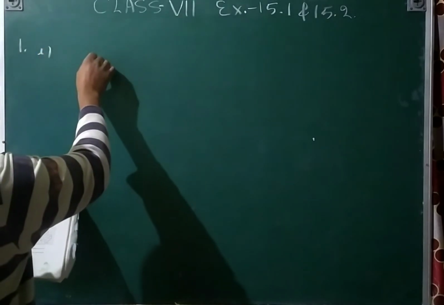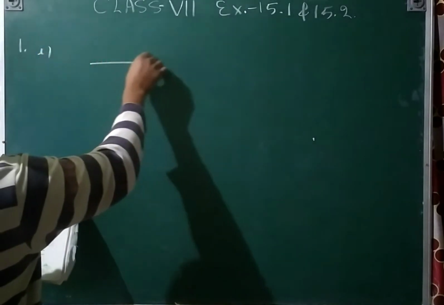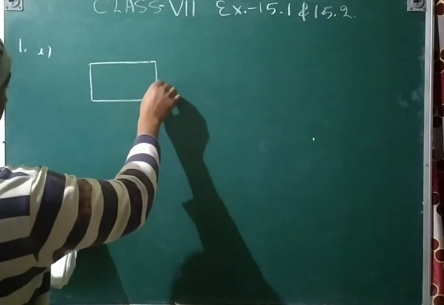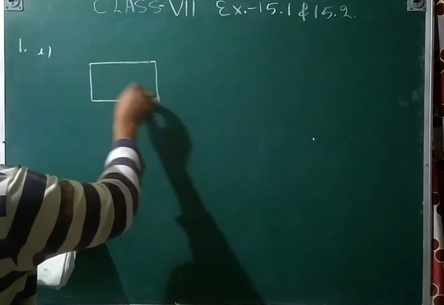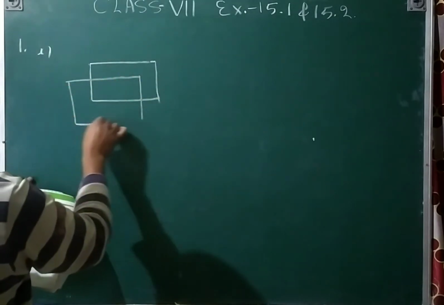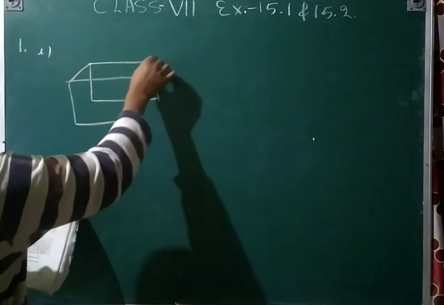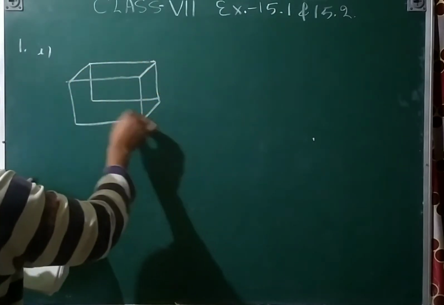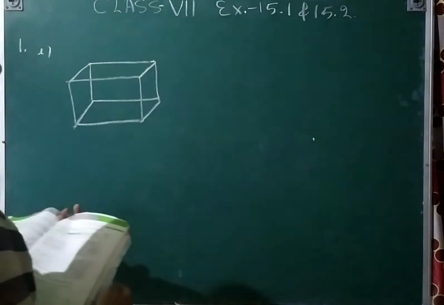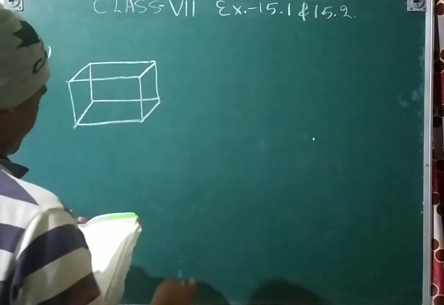First of all we will draw a rectangle, and then another rectangle in this diagram, and then join these. This is the actual diagram on isometric dot paper.